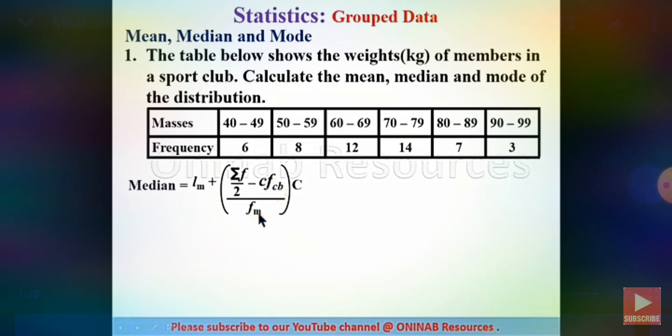And this is the frequency of the median class. Here, the data is arranged in ascending order. So we are going to take every parameter in this formula and solve them out.